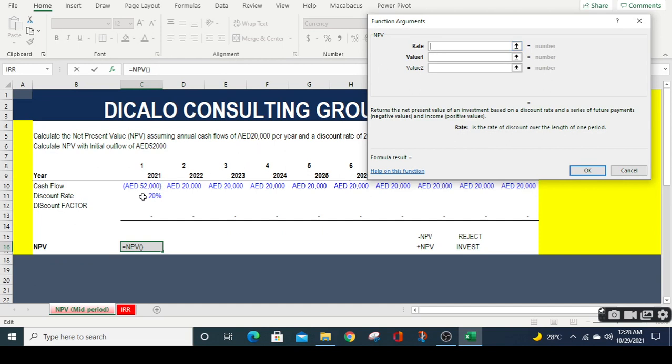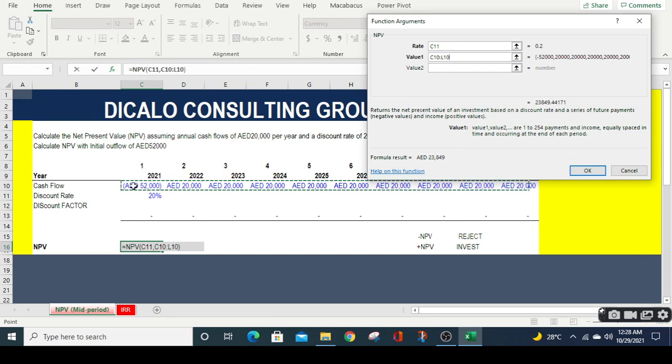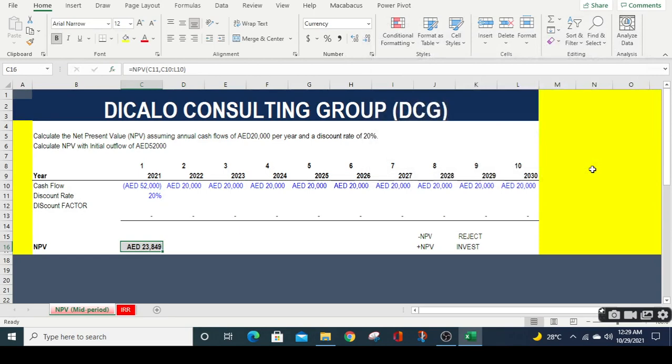The rate here, you simply click on it, which is 20%, and the second one, what are the values? So you select all the values, both cash inflows and cash outflows, and once you're done with that, you click on OK. I have taken just 30 seconds to compute my net present value over 10 periods, which is very easy.